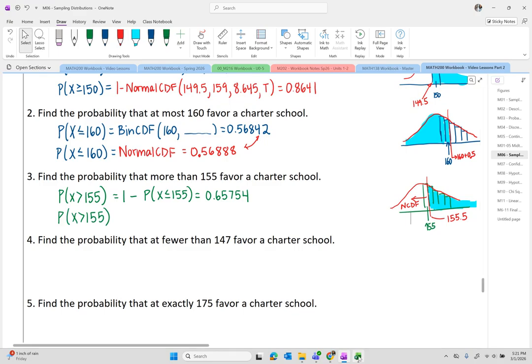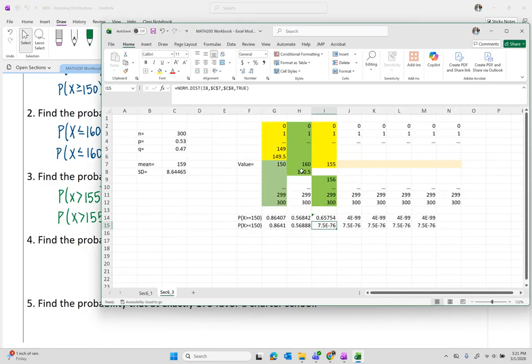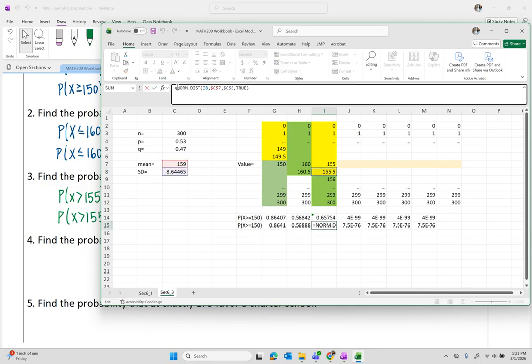So I need to find the 155.5 over here, and I want the CDF to go up to 155.5, calculate the area from 0 to 155.5, and then subtract it from 1. So here I want this to be equal to 1 minus the normal distribution from 155.5 down.